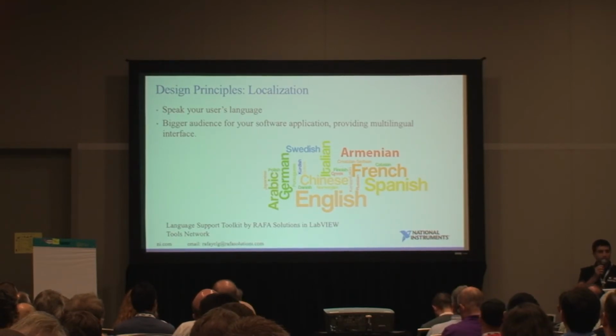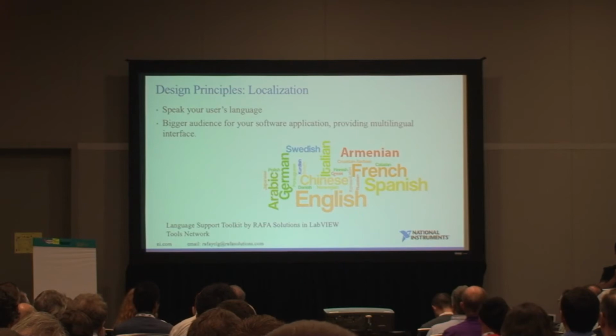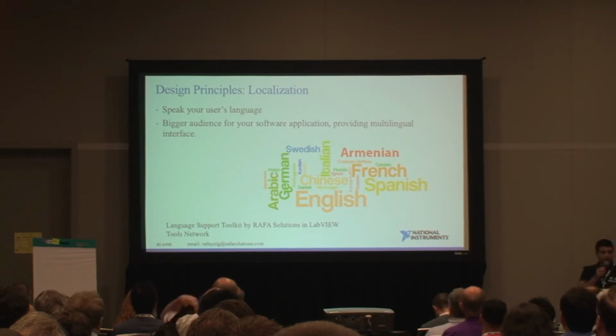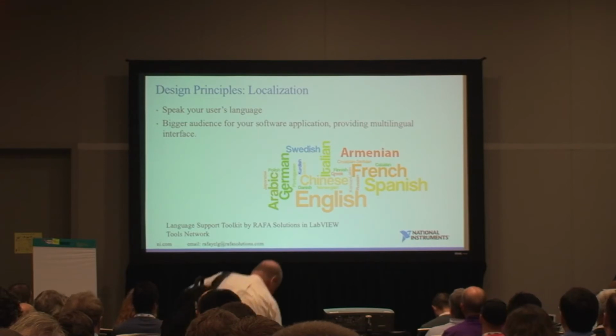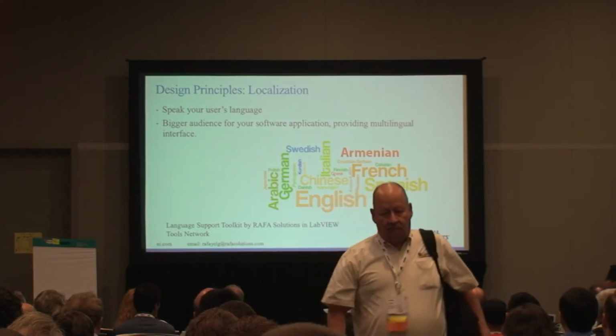You just need to provide the environment to some operator. They enter all the words, and then the application automatically adds those. Everything gets changed, including the menus, almost everything that is possible in LabVIEW. So using this kind of localization toolkit, or doing it yourself, is really important to have a more user-friendly environment.